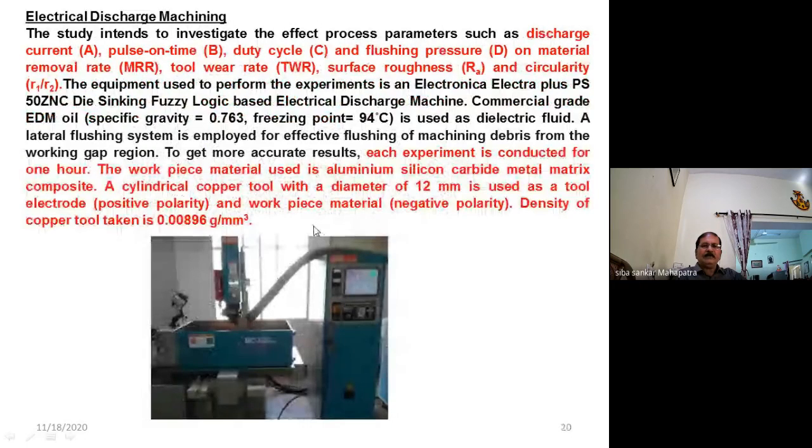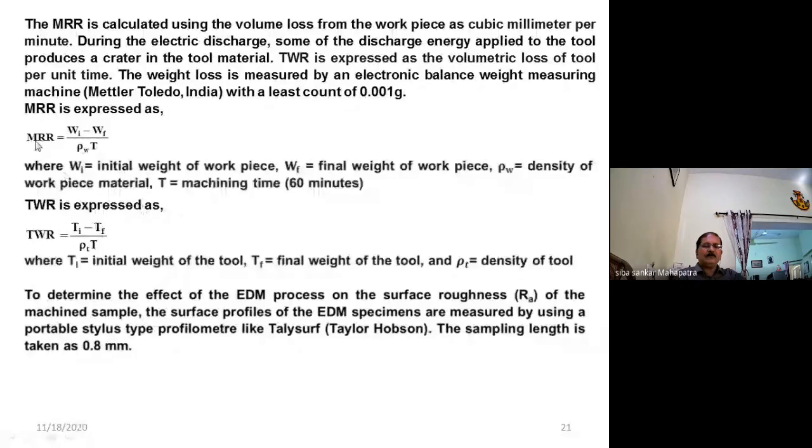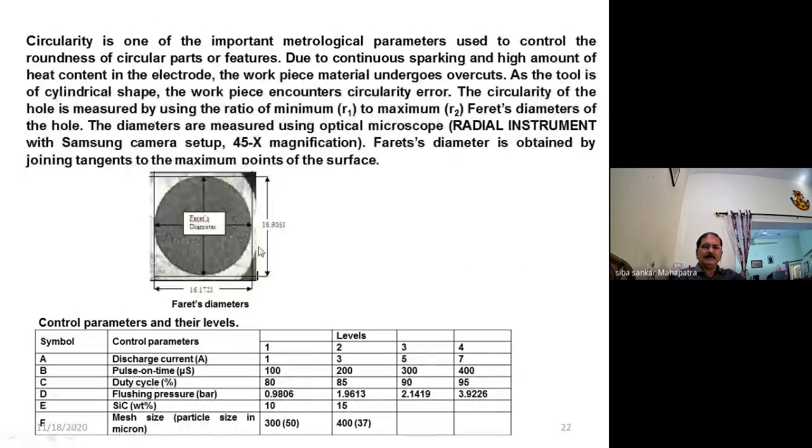Now, electrical discharge machining has been done, and we are trying to find out the outputs, like material removal rate, tool wear rate. These are the standard notations, and the circularity.